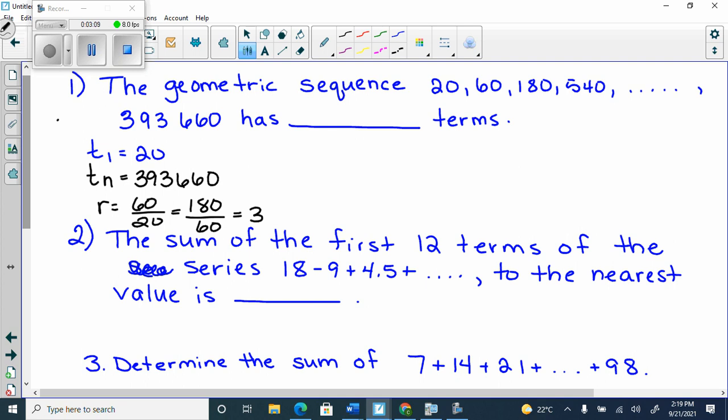So then we use Tn equals T1 times R to the n minus 1. Tn is 393,660 equals 20 times 3 to the n minus 1. What's the first thing I do? Divide by 20, the T1.